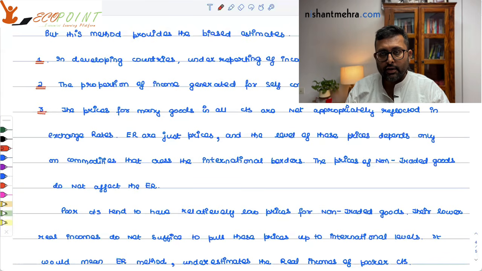Because the exchange rate is going to take care of the prices of only those goods which are crossing the international borders. The exact income of the developing countries is not being taken care of, right?